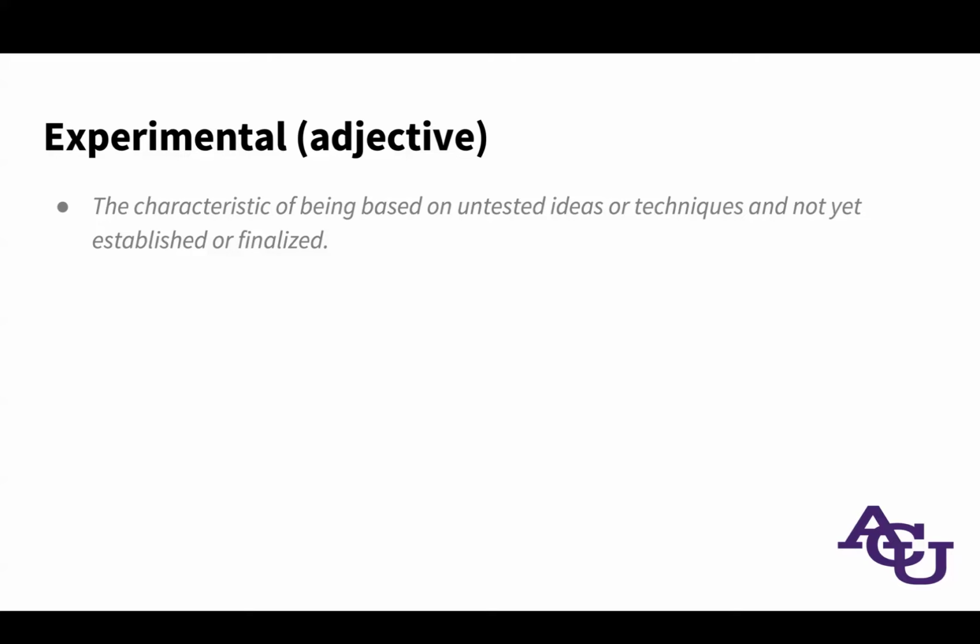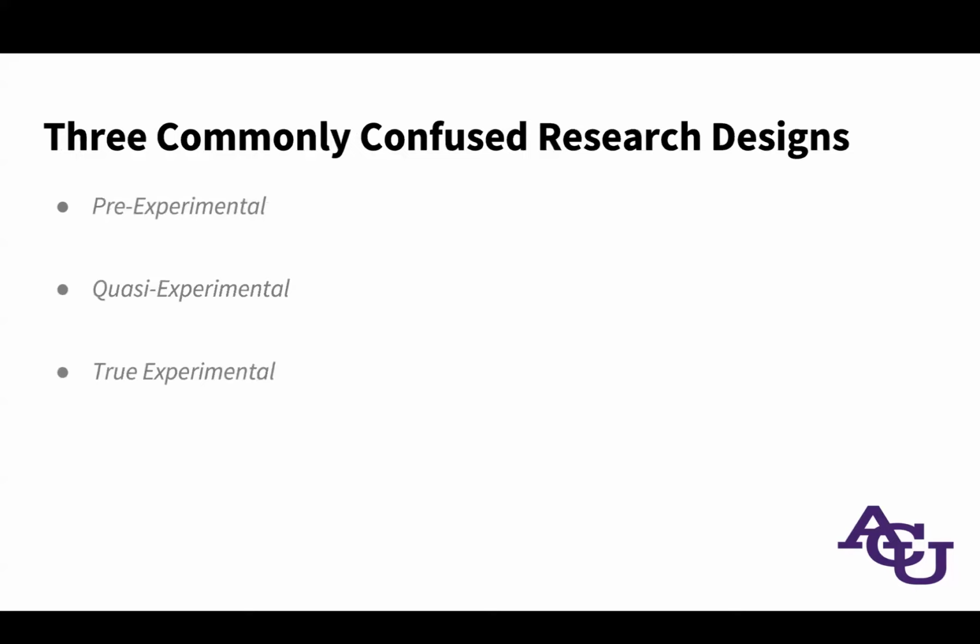Is it true with this group that's not quite the same? Is it true with an entirely different group? And so many experiments of different sorts are designed to see whether the findings of one study are also applicable in another.